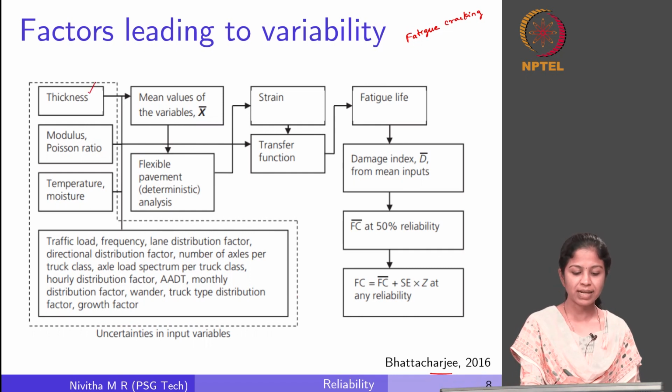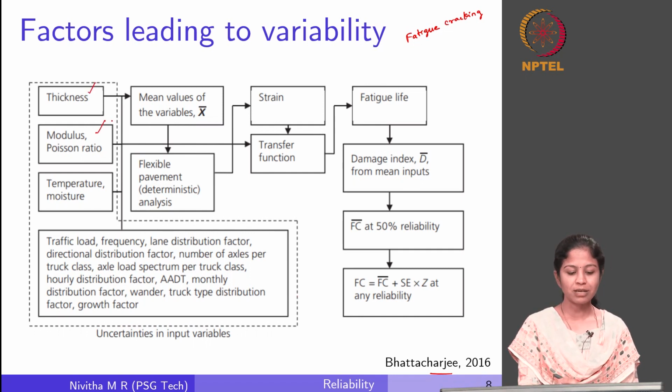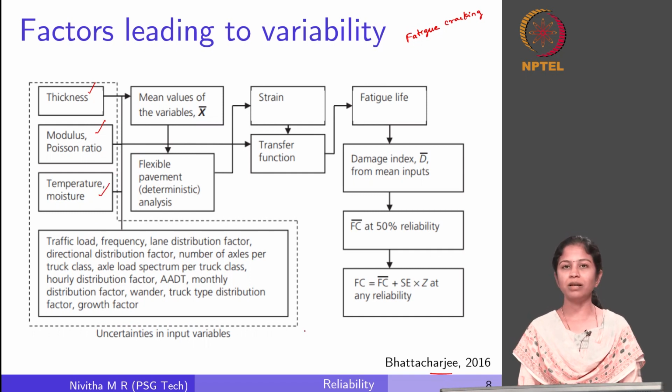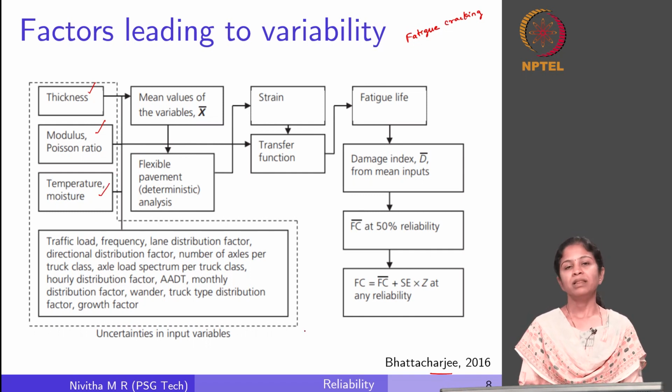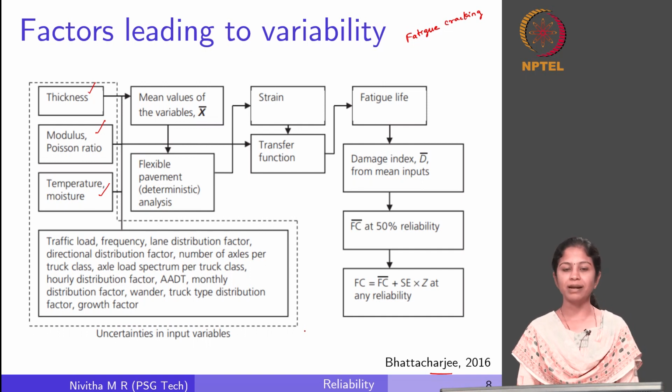It involves thickness, modulus and Poisson's ratio, temperature and moisture, and the variation in modulus because of these parameters. Then there are a number of traffic related parameters: the load, frequency, lane distribution factor, the directional distribution factor, number of axles per truck class, which is an approximation that we will be using.